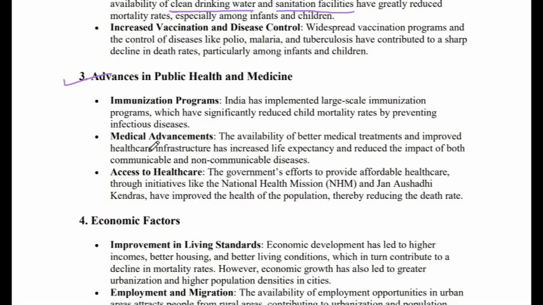Because of these advancements in medicine and the pharmaceutical industries, the life expectancy has increased. People have access to healthcare facilities, especially the government's efforts that have provided a lot of affordable healthcare initiatives like the National Health Mission, Jan Aushadhi Kendras, which have improved the health of the population, thereby reducing the death rates.